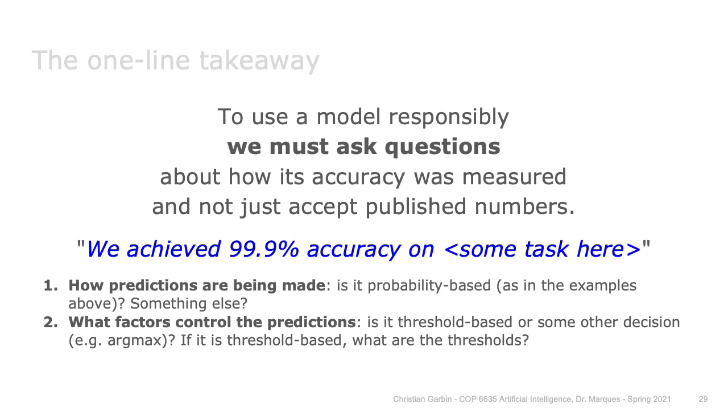For example, how were the predictions made? Is it probability based, like the examples we just saw? Is it something else? What factors are controlling that prediction? If it's threshold based, what are the thresholds? The context for measuring the number is more important than the number itself.